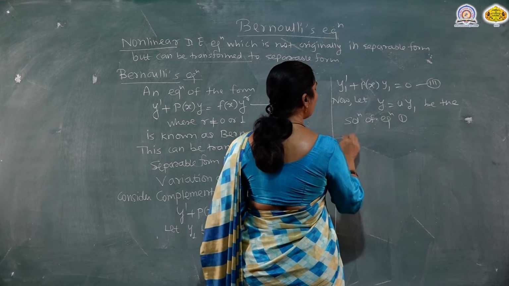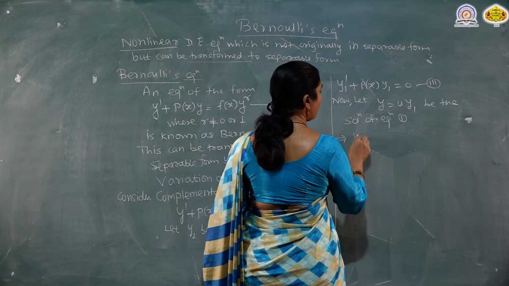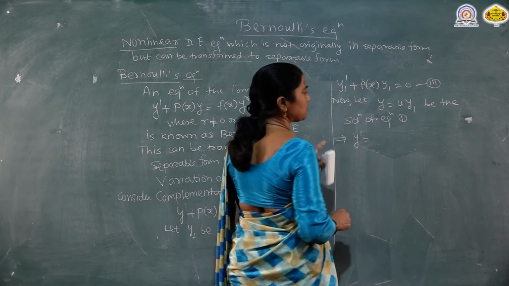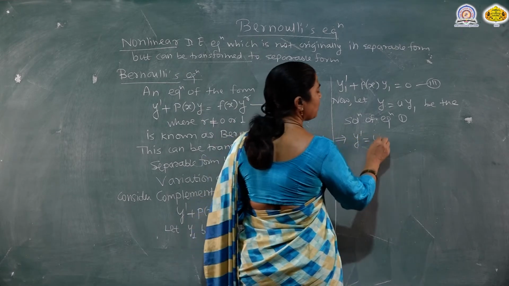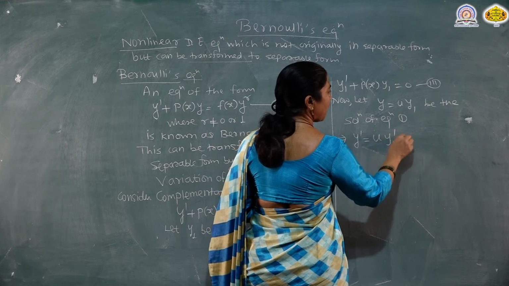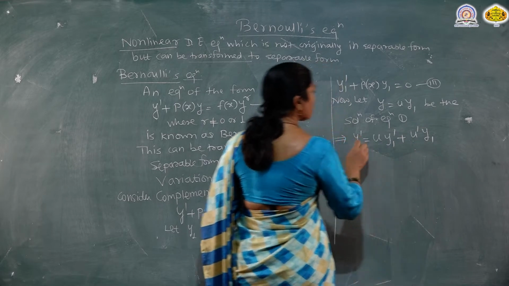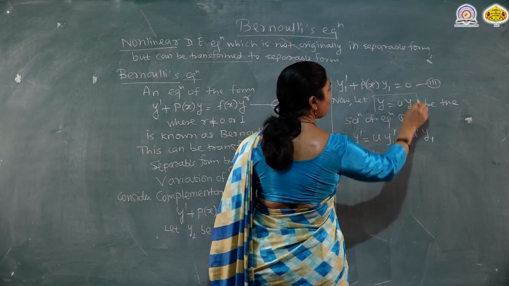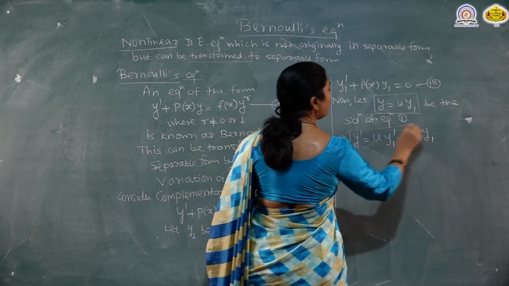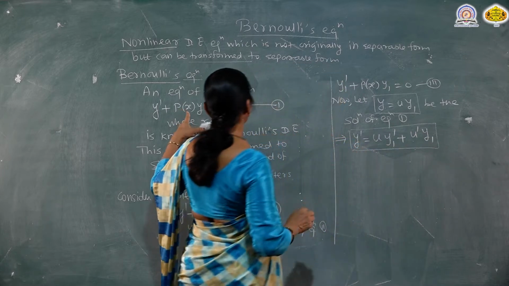y = u y1 implies that, differentiating with respect to x, y' becomes u y1' + u' y1. So substitute these values of y and y' in equation (1).